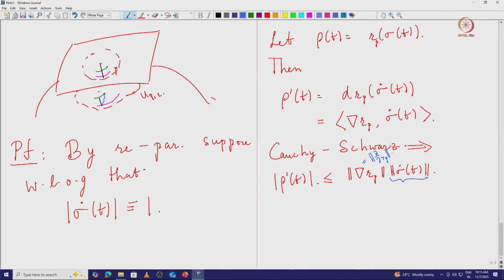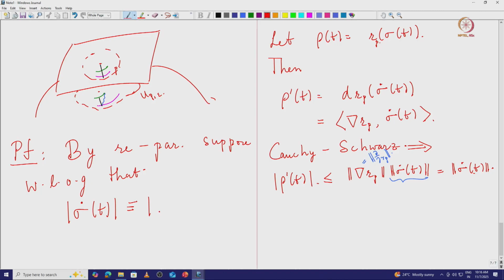Similarly by our reparametrization this is 1, so the product is just going to be 1. Okay. Or rather, this is going to be equal to the norm of sigma dot of t, which is of course 1, but let us just keep it as norm sigma dot of t for now.